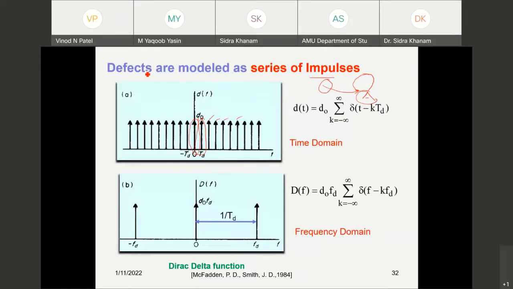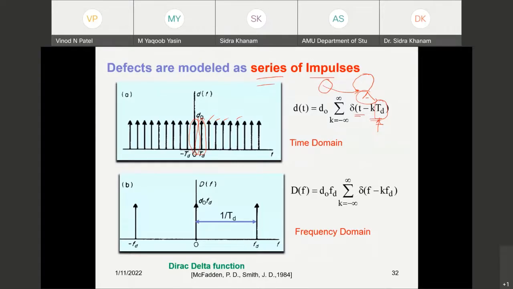Ultimately it is a series of impulses, so it can be simply modeled by considering a delta function at time t equal to k times T, the time period of the defect. Again, this value depends on whether the defect is on the inner race or outer race of the bearing.